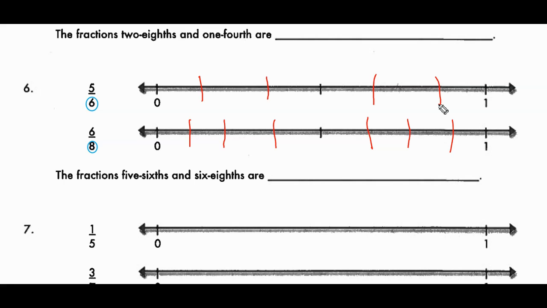So 5/6, where do you think it's going to go? I'm going to take a hop from 0 and count each section. 1, 2, 3, 4, 5. Boom. Right there. And then 6/8 from here, I'm going to go 1, 2, 3, 4, 5, 6.